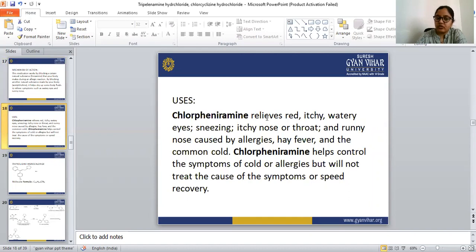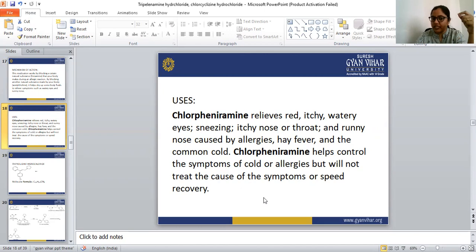So this CPM is used in the common cold and in hay fever. And CPM helps to control the symptoms of the cold and allergies, but will not treat the cause of the symptoms or speed recovery.